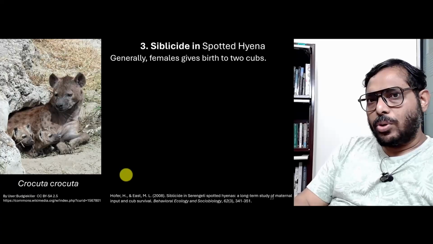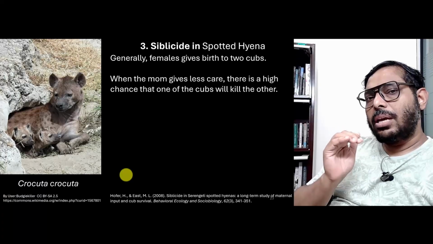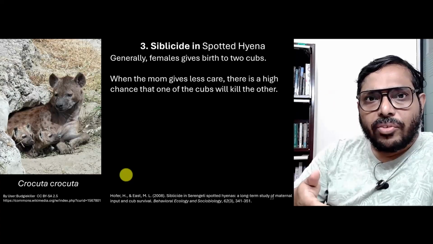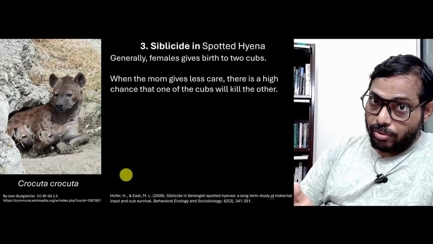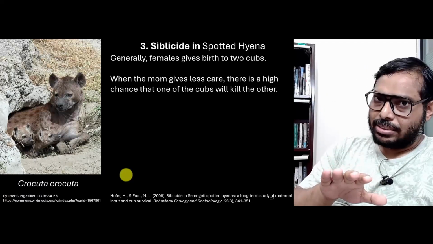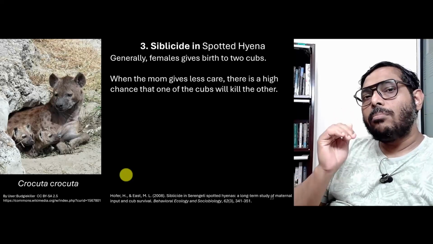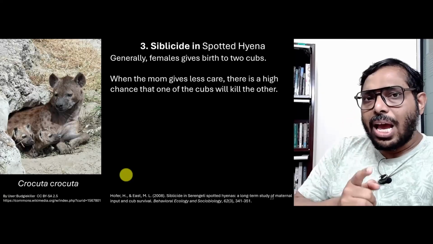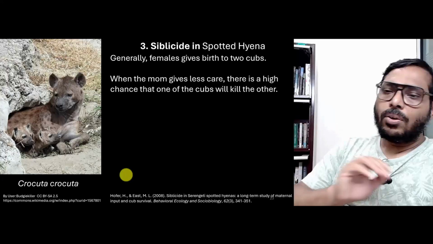Now, when 2 cubs are produced, if the mother is giving a lot of care, either because she is capable of giving a lot of care, or the environment is such that she is able to give a lot of care, in that case the chances of siblicide are less. It is not 0, but it is less. But when the mom is not able to give adequate care to both, then there is a very high chance that one of the cubs is going to kill the other. Okay.